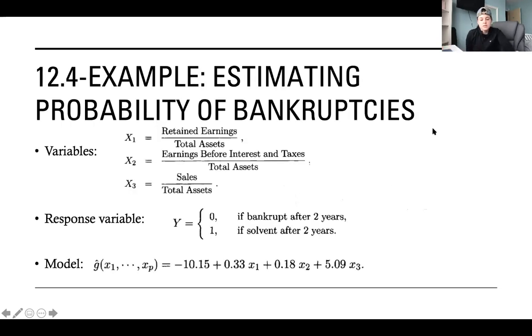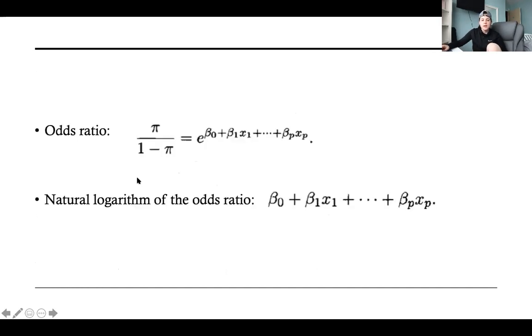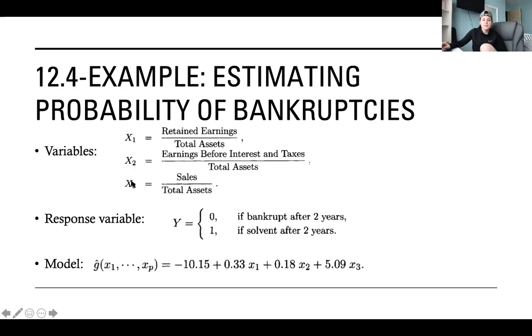All right. So section 12.4 was an example of estimating the probability of bankruptcies. They were looking at data from 33 firms that went bankrupt and another 33 firms that remained afloat. A multiple logistic regression model was found using the variables x sub 1, x sub 2, and x sub 3.